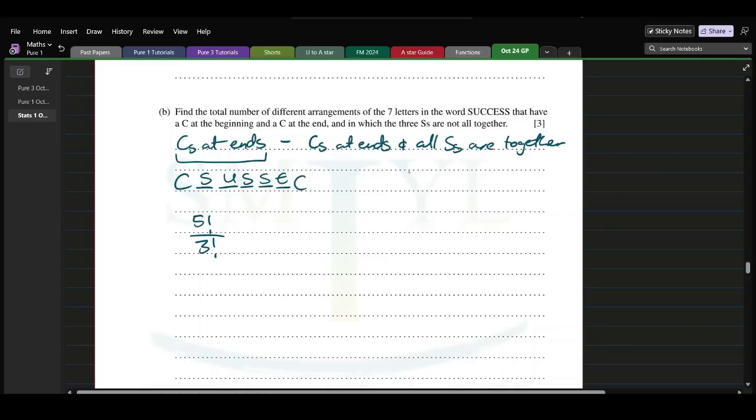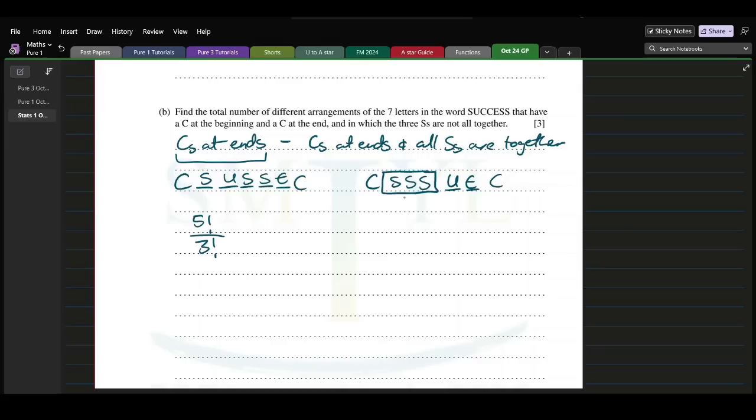Now let's evaluate the second scenario. We've got the C's at the ends and then the S's are all together. So we've got a block of S's here, and then 2 letters will remain, the U and the E. Counting the underlines, we are rearranging 1, 2, 3 items, so 3 factorial.